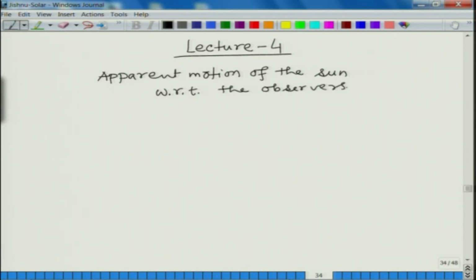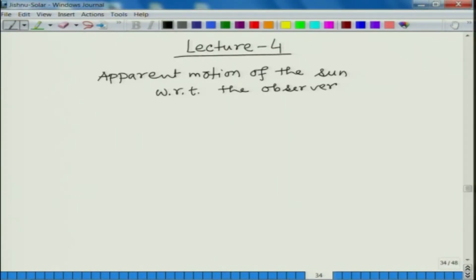That is the critical information, because the observer is the point where we are going to place our solar energy conversion device, whether it is a photovoltaic panel, a reflector, or a concentrator. So, the apparent motion of the sun with respect to that point is critical.